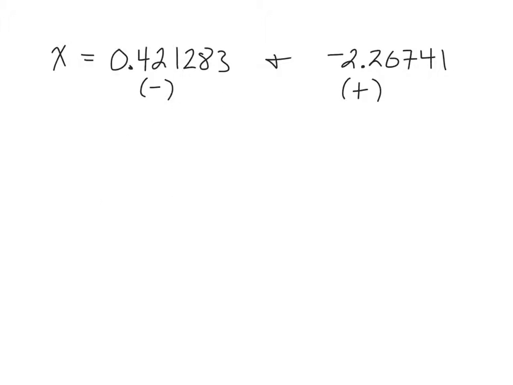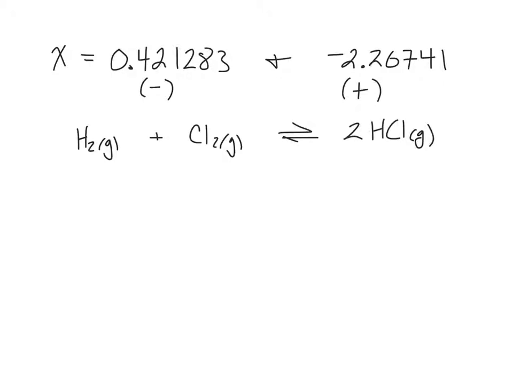There are two solutions to the quadratic expression for this problem. Both of these solutions are mathematically correct, but only one of them has physical significance or makes sense for this chemical system. To figure out which one is correct, let's return to our initial change equilibrium table that we wrote before and plug in these root values for the equilibrium concentrations and see if we get reasonable values.